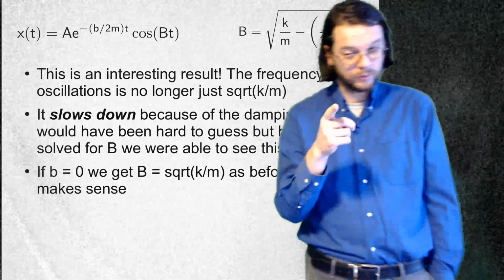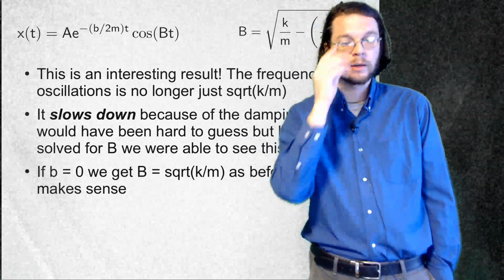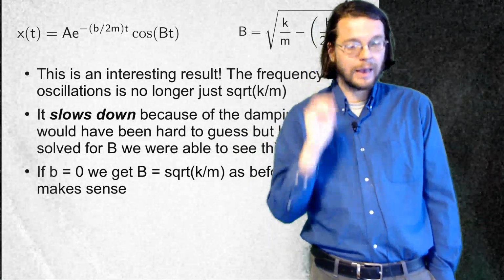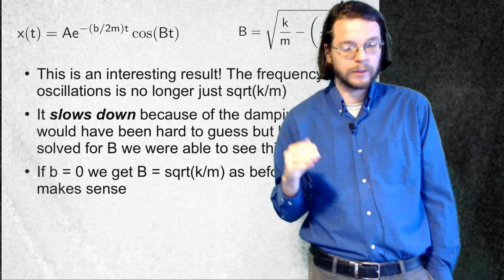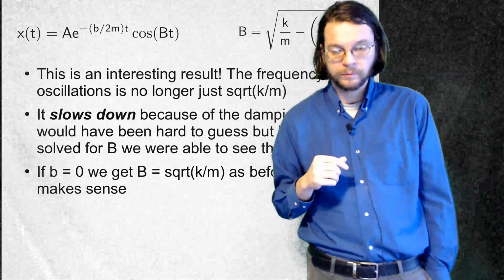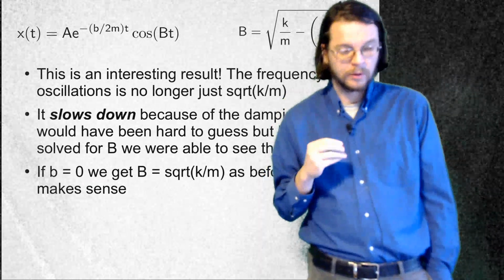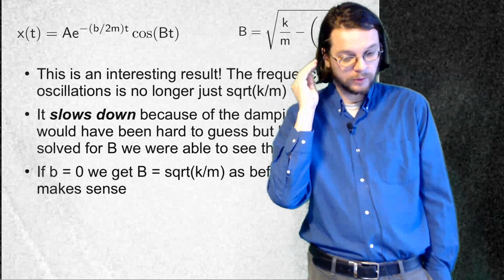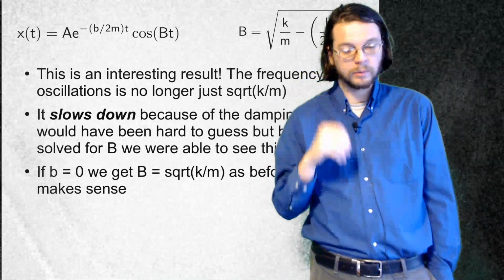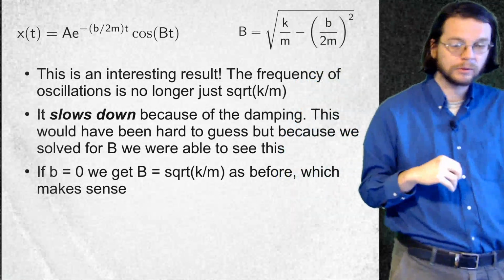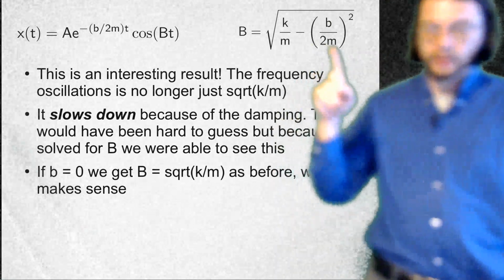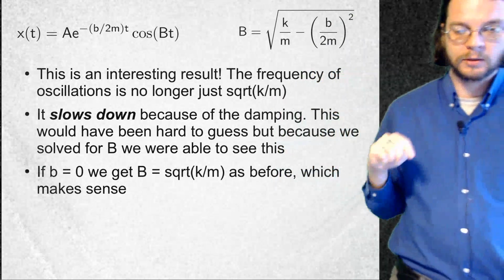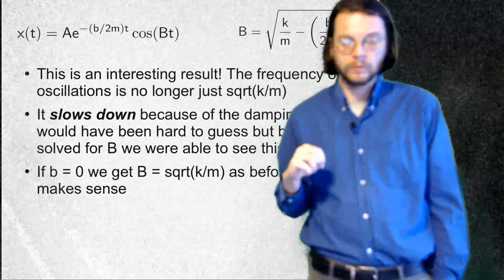If you have a stereo like that, you know that if you're going at absolutely max volume, it's going to change the pitch a little bit, especially when it gets loud. If you have good enough pitch, you can hear that happening. You can also analyze it with your phone if you want to. But yeah, the damping is going to slow down the oscillations, which is interesting.